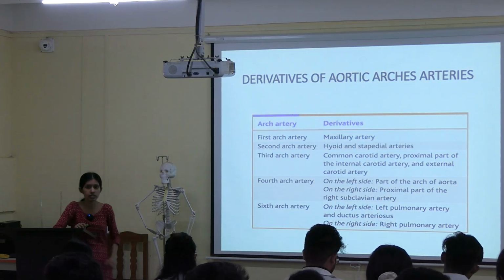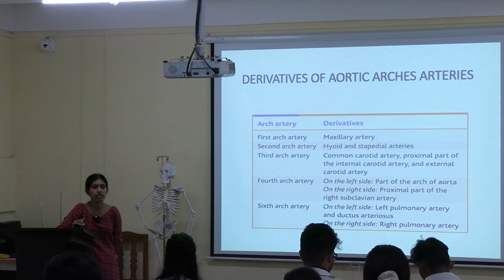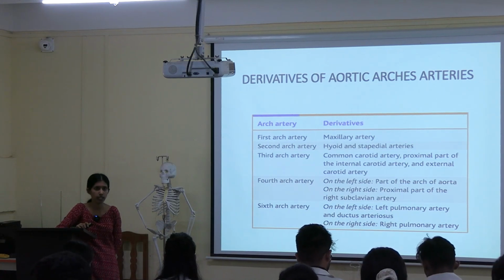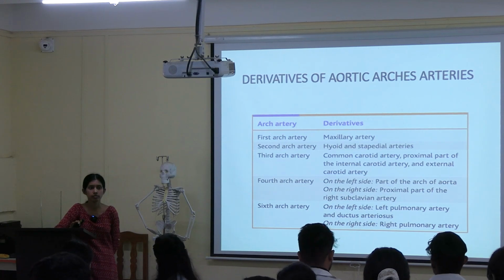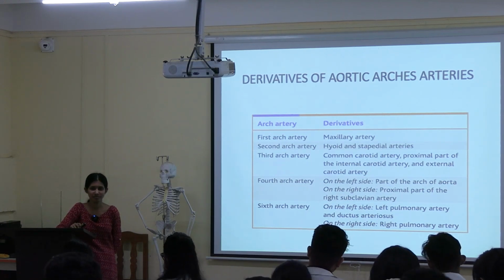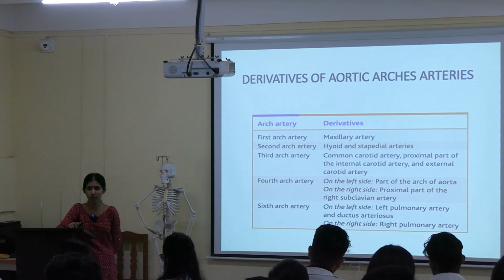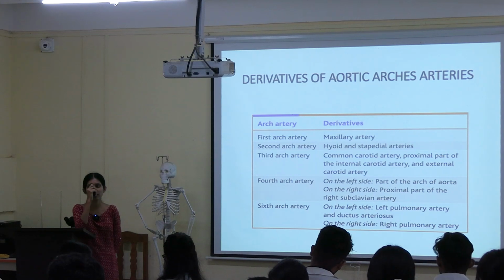Until now we have discussed the primitive aorta that supplies our head and neck region. Okay. The rest of the body is supplied by which source?